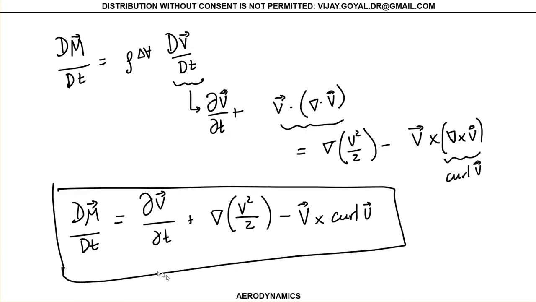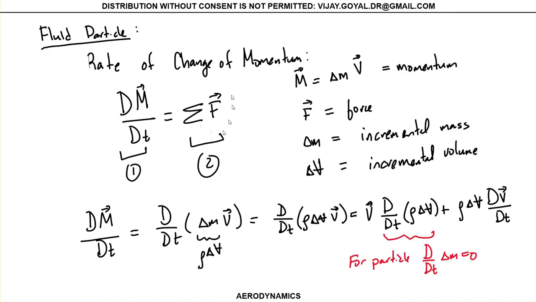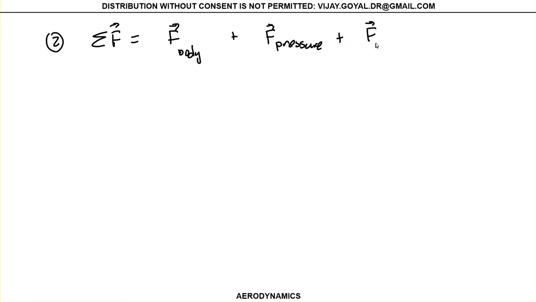Okay, this is your item 1. So now we're going to go on the right-hand side and expand what the forces are in your problem. So the forces, let's say number 2, the summation of forces is going to equal the body force, and I'm going to explain that in a minute, plus pressure forces, plus viscous forces.